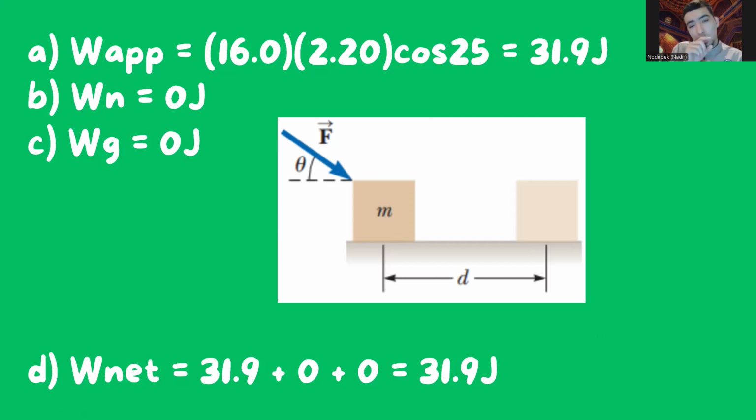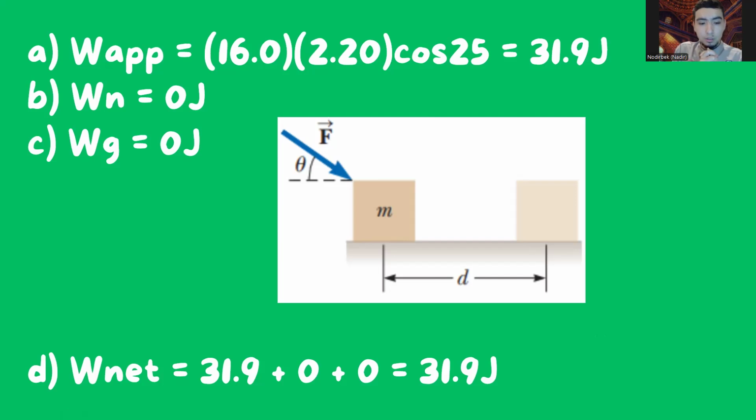Because of that, for questions B and C, we already know that the work done is equal to 0, while the work done by the applied force is equal to 16 newtons, the force, multiplied by 2.2, which is the change in displacement, multiplied by cosine 25, which is the angle between the force and change of displacement, which gives us 31.9 joules.